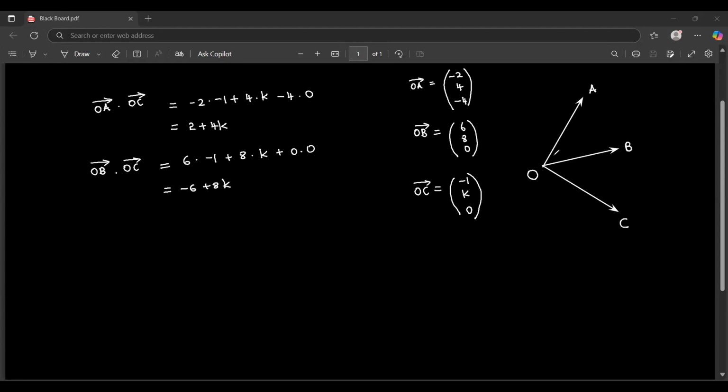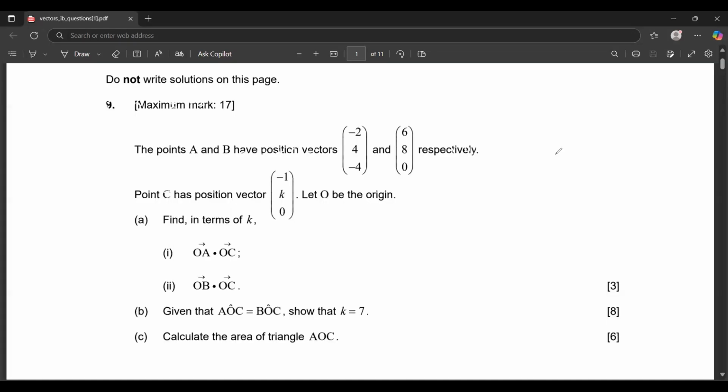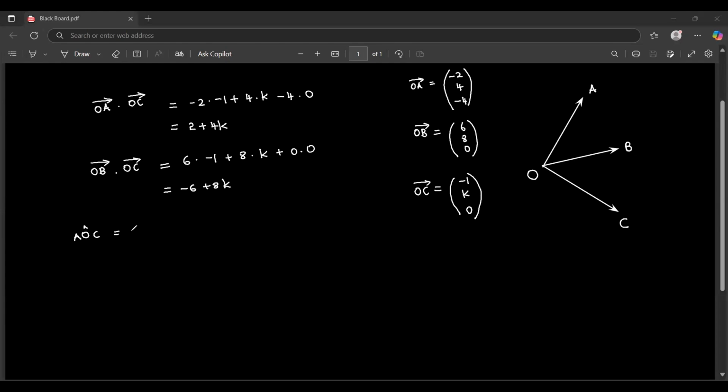Okay. And they are saying in the question, angle AOC is equal to angle BOC, which means this is AOC and this is BOC in this diagram. But is it correct? No, it's not correct. The diagram is inaccurate. Why? AOC should be equal to BOC.